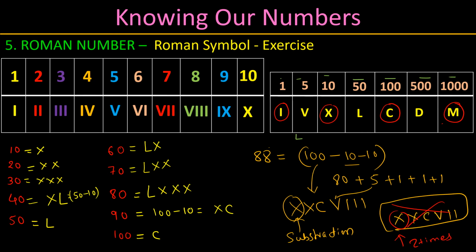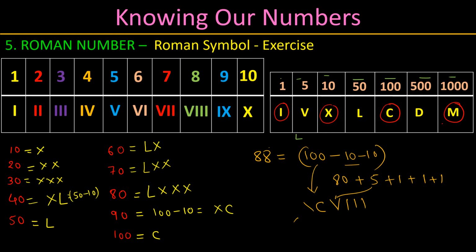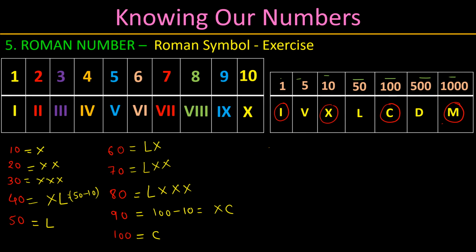Clear? Now we'll go to another example of the number system, how to write 3-digit numbers. For example, 123. How to write? 100 plus 10 plus 10 plus 1 plus 1 plus 1.